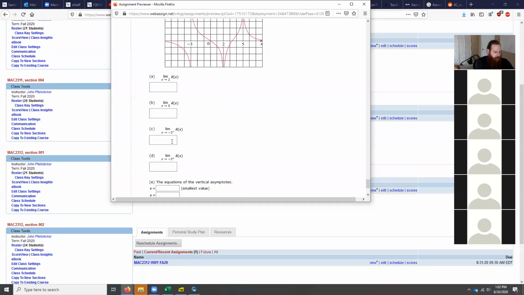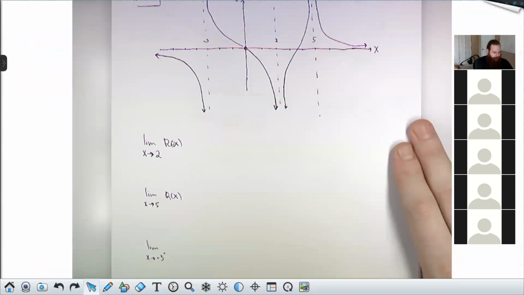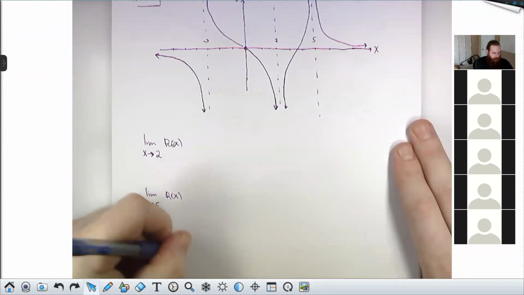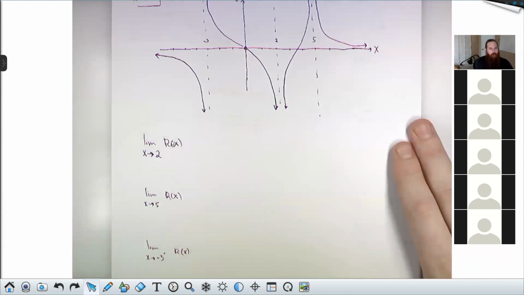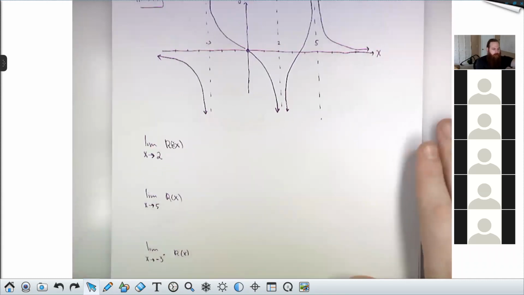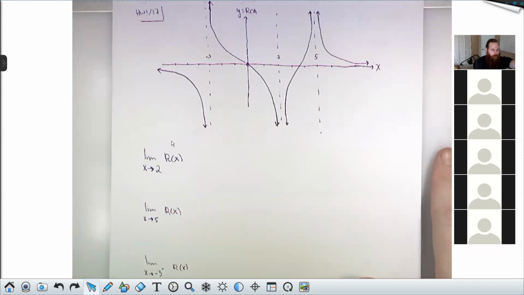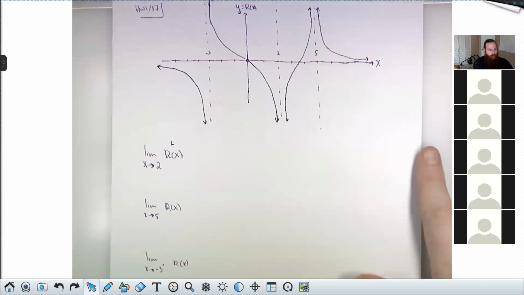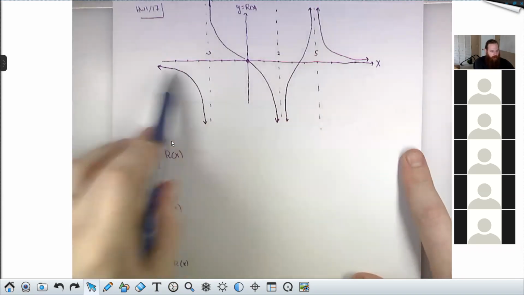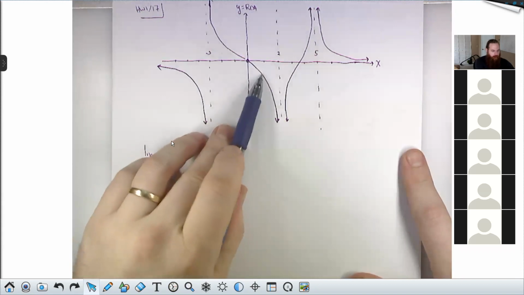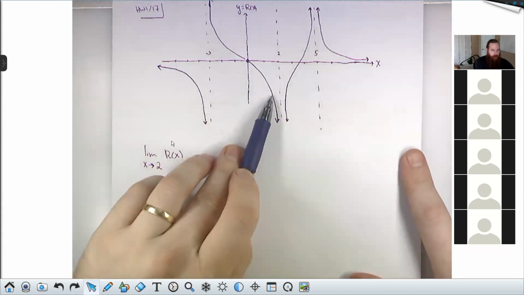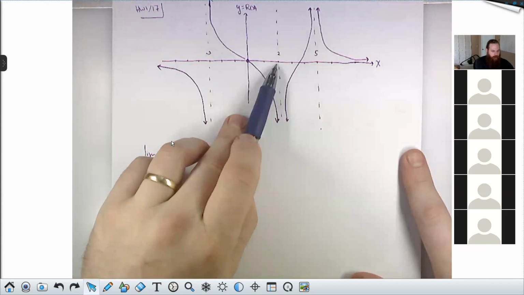And then I want 3 from the left, and then as x goes to 3 from the right. All right. So for the first piece here, we want to know the limit as x approaches 2. So I imagine I'm walking along this graph somewhere here, and I'm getting closer and closer to x equals 2, right? Because x equals 2 is right here.